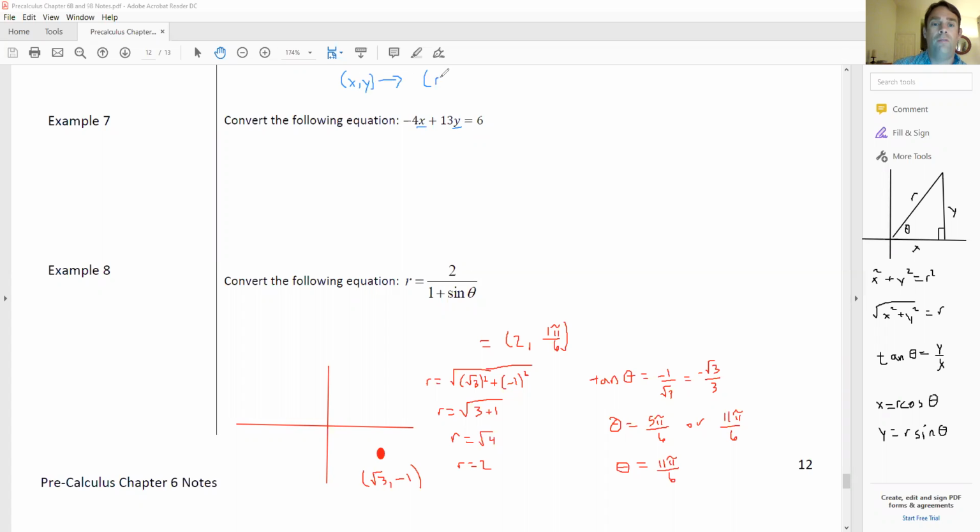So I'm going to take every x and y, and I'm going to put it in terms of r and theta. So this is where this comes into play. We know that x is r cosine of theta. We know that y is r sine of theta. So we're going to go ahead and get rid of our x's and our y's.